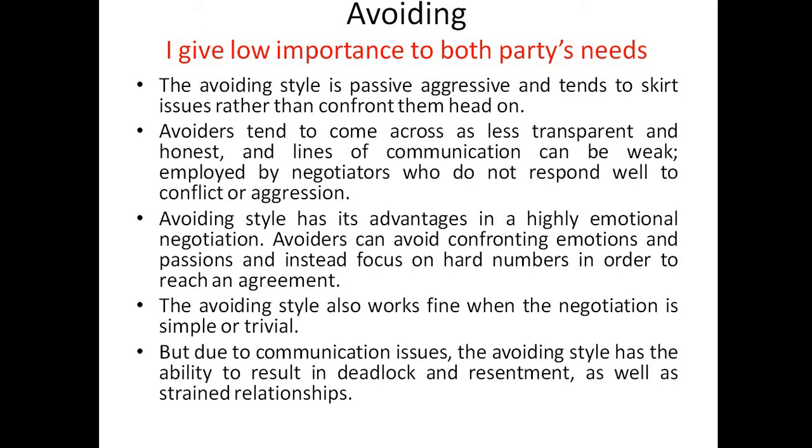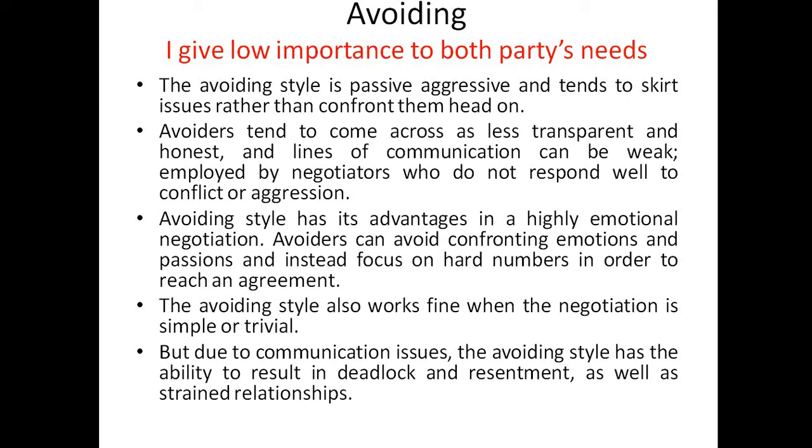And avoiders tend to come across as less transparent and honest, and lines of communication can be weak. This is employed by negotiators who do not respond well to conflict or aggression. So if I am going for the negotiation and I see you as very aggressive and I don't like that kind of behavior, I will adopt this avoiding style.